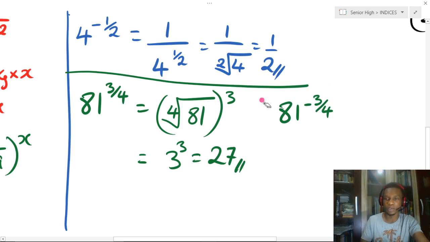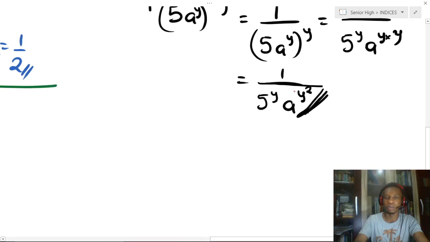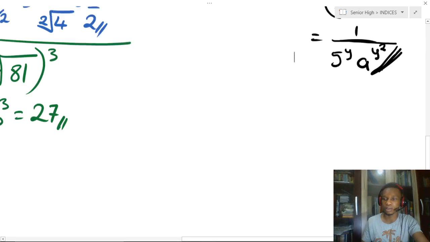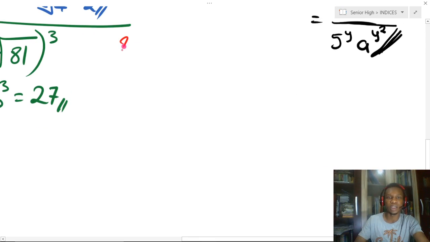Let me write it out very well so it will look like it's actually carrying it as a power. 81 raised to the power of minus 3 over 4. Now what will it become? Remember, when you have a minus sign, what's the next thing you think of?